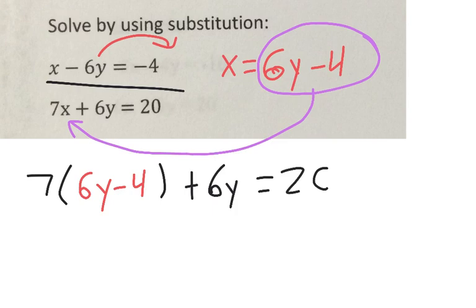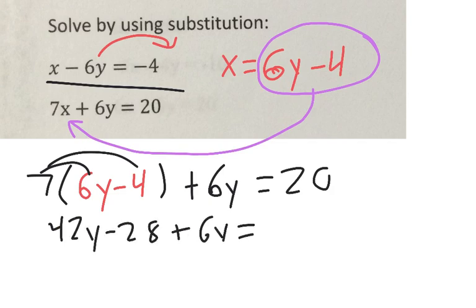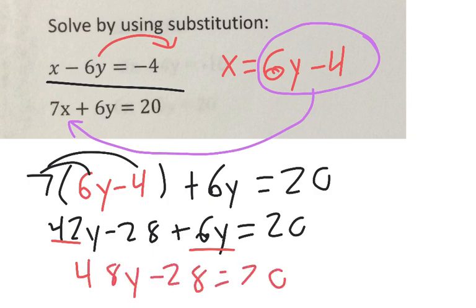Or there's two y's in there, but there's only a single variable, y. I distribute: 42y minus 28 plus 6y equals 20. I've got like terms that I can get together. 42y and 6y is 48y minus 28 equals 20.